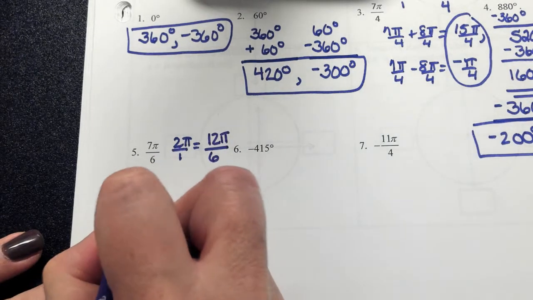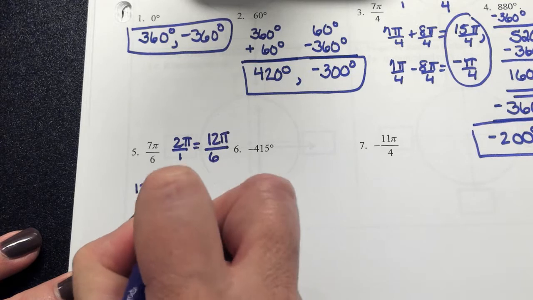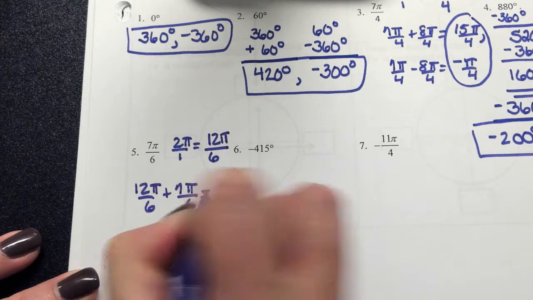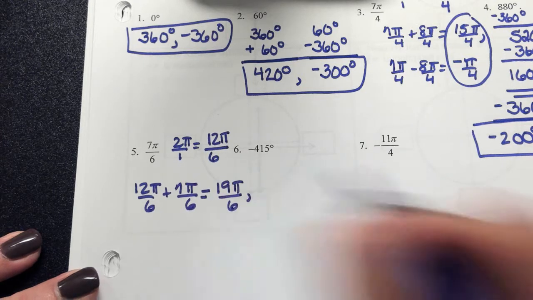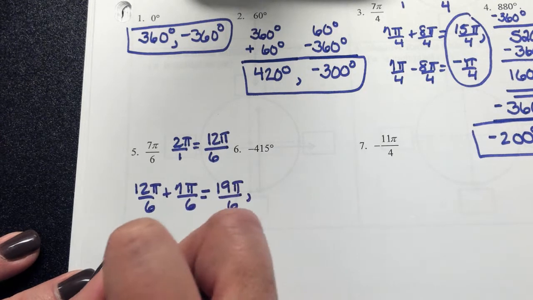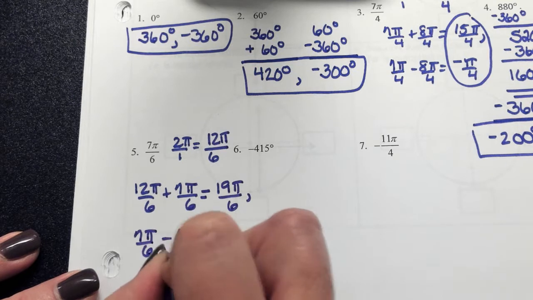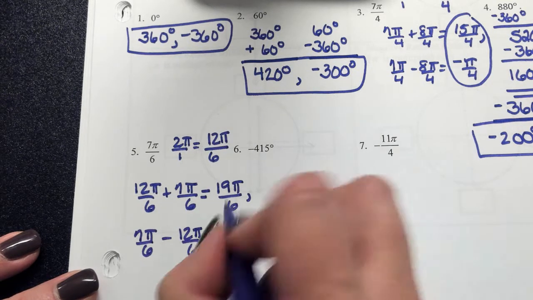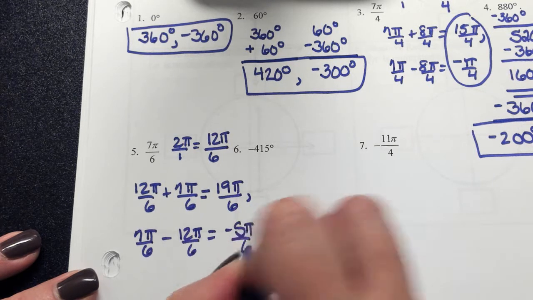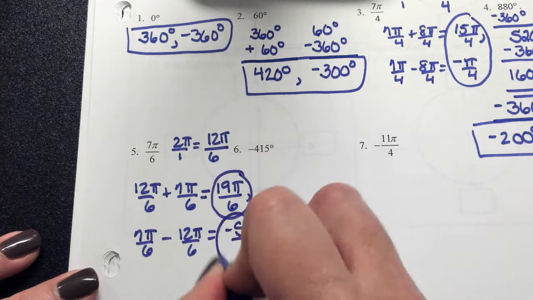So when I add 12 pi over 6 to 7 pi over 6, that's going to give me what? 19 pi over 6. And then when I take 7 pi over 6 and subtract 12 pi over 6, that's going to give me what? Negative 5 pi over 6. So there's my 2 coterminal angles.